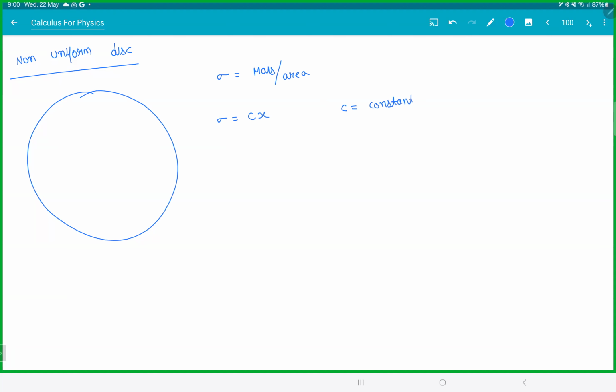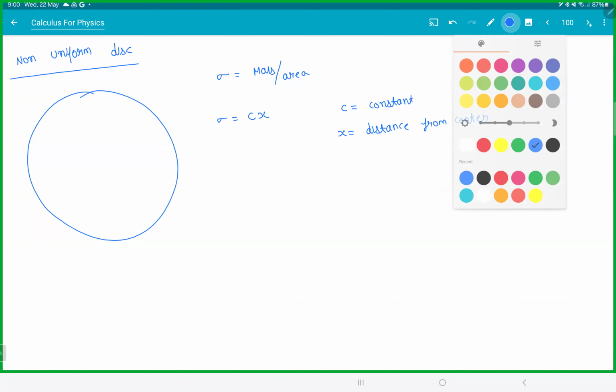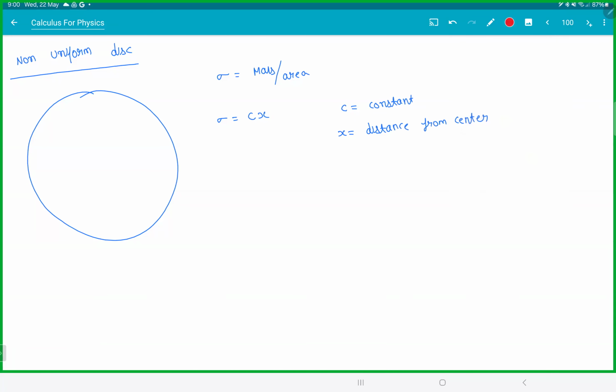C is a constant. x is the distance from the center. What do you mean by this? Now try to understand. Sigma is equal to Cx, meaning if you have more x, you have more density. This is a non-uniform disk. So let me complete everything. So this is mass per unit area.